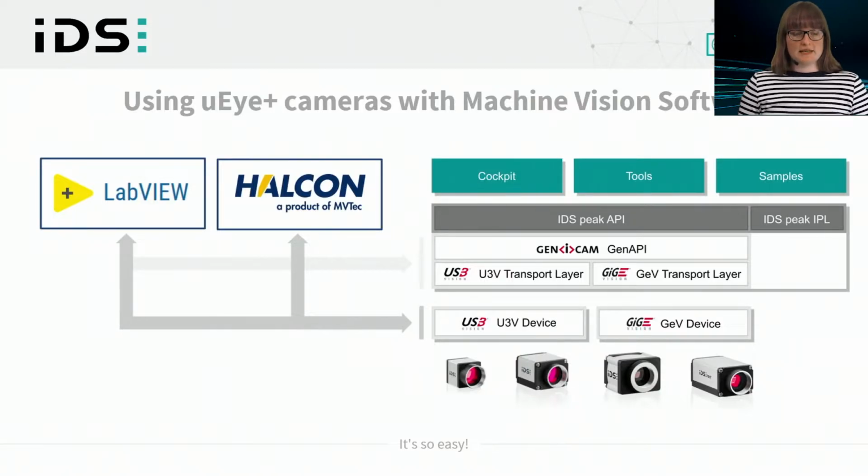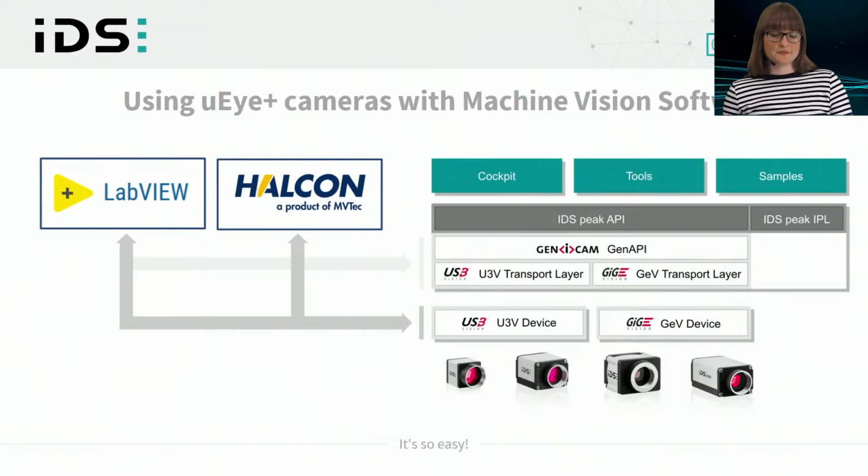You can see that the IDS-Peak API is based on the GenICam API, but the IDS-Peak API is a convenience layer for the user. So for the user, it is much easier to work with the cameras than when using the GenICam API. We will see that in an example later on.